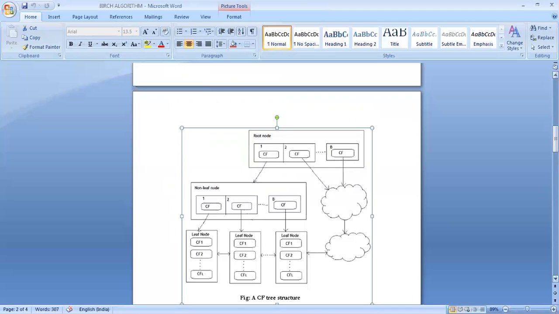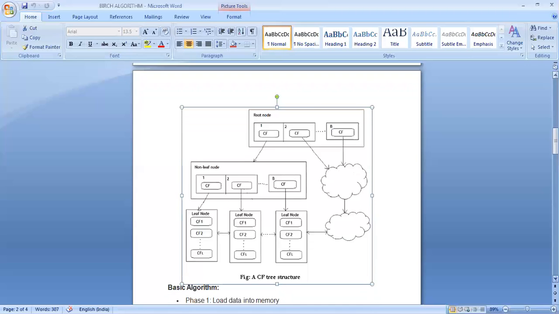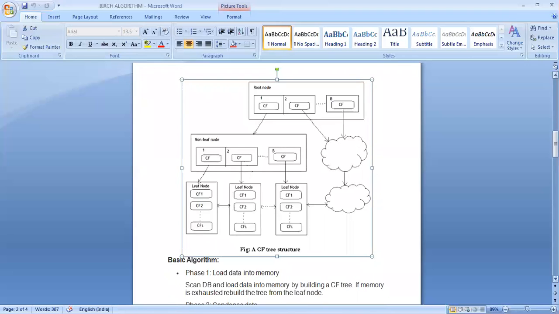The leaf nodes stored at the bottom have entries like CF1, CF2 up to CFL, because the leaf nodes are actually clusters that cannot have more than L entries. Diameter is not represented here, but diameter stands for the limit on how many data of the same values can be in a cluster, restricted by a limit T. So this is the actual diagram.